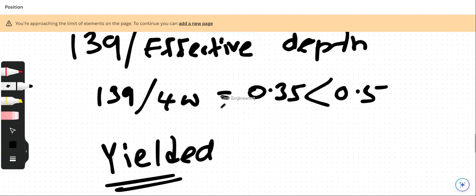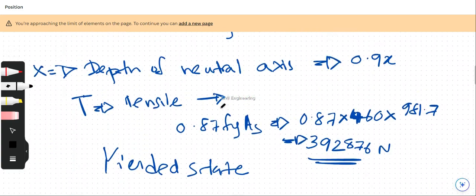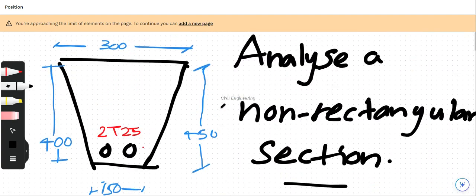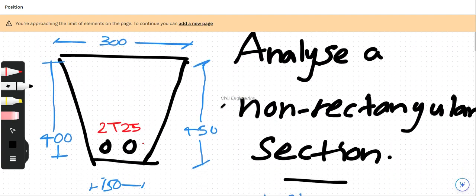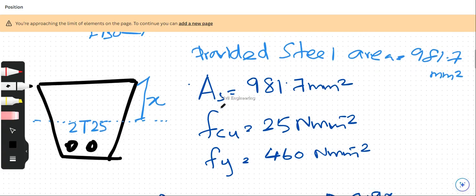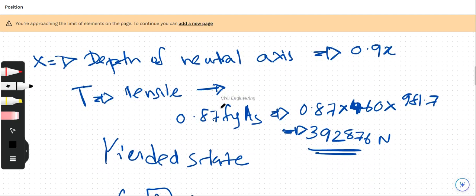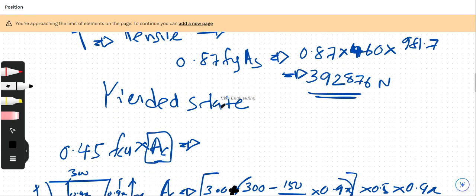That is not a rectangular section, that is a trapezoidal section, and it is also just like a rectangular section. First we assume that the reinforcement is at the yield state, and by using the equilibrium methods, it means we can assume that tensile strength is equal to the compression force acting on the concrete.